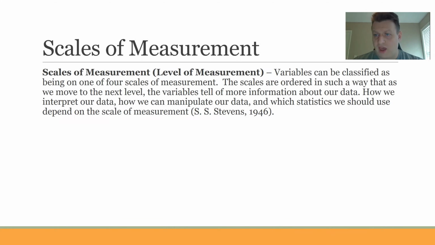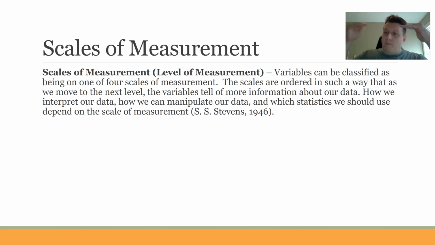Okay, so the scales of measurement are arranged in such a way that as we move on to the next scale of measurement, the variable tells us more information. We start off with a level of measurement where the variable does not give us that much information about the thing that it describes.